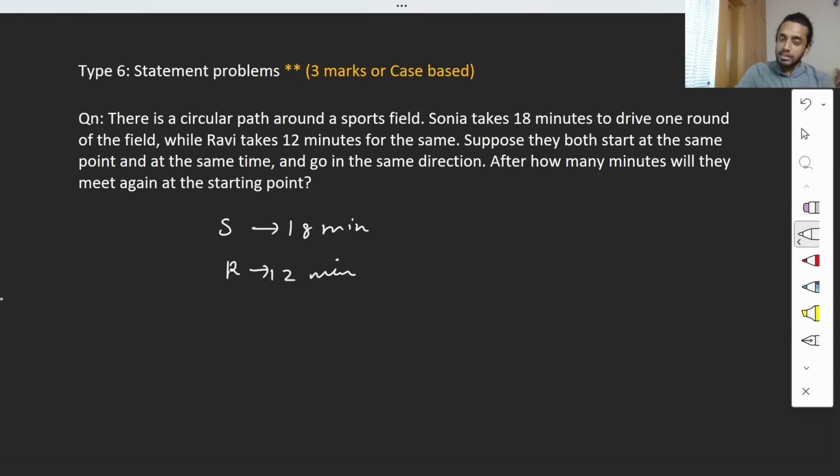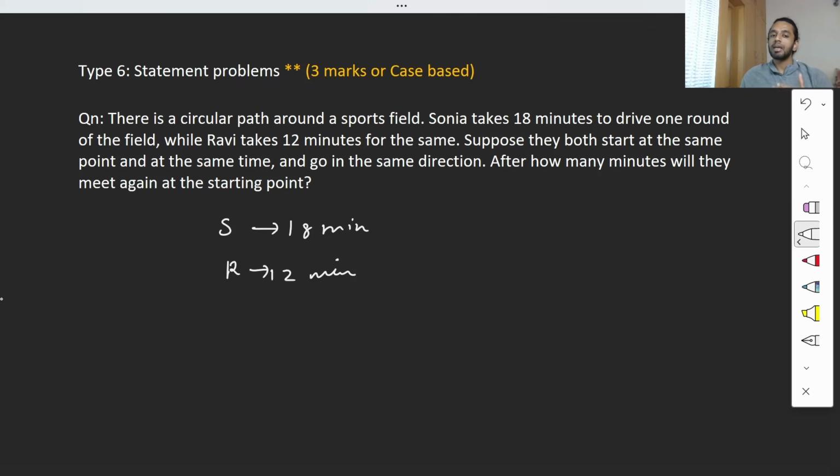Now the question is, if they keep going around, there will be a point where Ravi will overtake Sonia. At what point will they meet again? That is what the question is about.